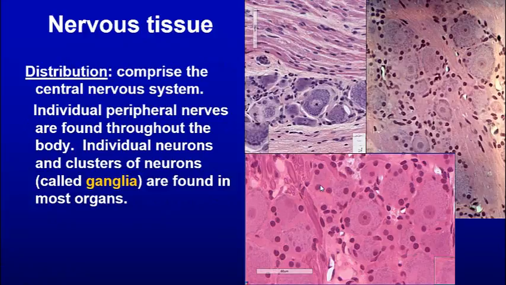Now, distinguishing features of the central nervous system: you have the central nervous system, the brain and the spinal cord, and then you have ganglia throughout the body. The signal comes from the central nervous system to those ganglia, and then those ganglia send a message within that organ that you might be innervated with.